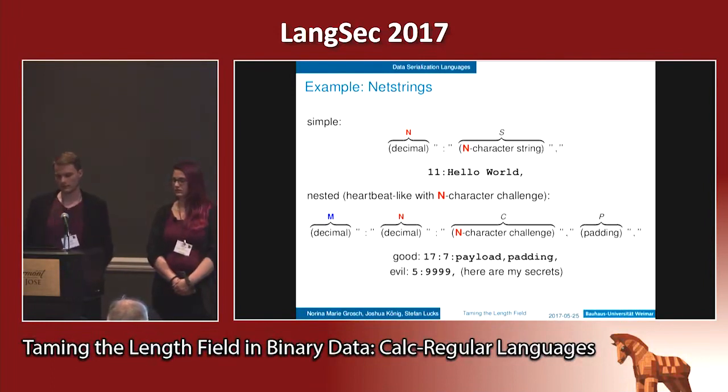A good Heartbeat net string would look like 17 colon 7 colon payload comma padding comma, and if I wanted to exploit it, I would send just a really big number, and the other party would send me their secrets back.